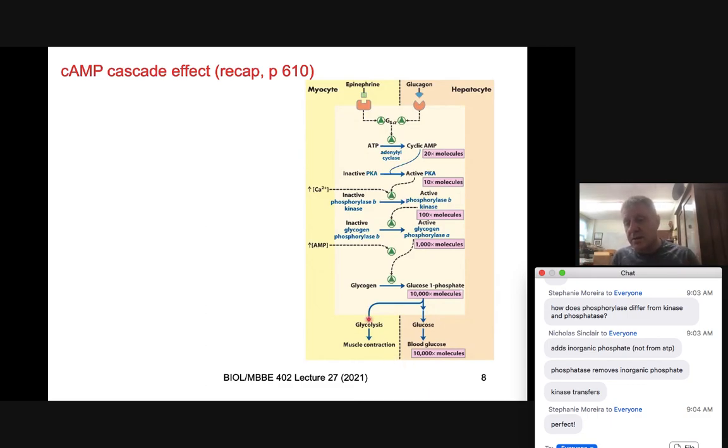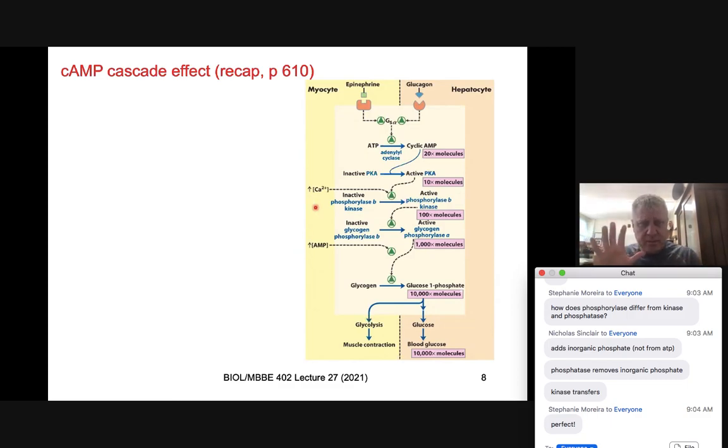In the heart cell, it's going to move that glucose 1-phosphate to glucose 6-phosphate, and then go through the glycolytic pathways to give you ATP, ultimately to provide muscle contraction. Because obviously you want to keep your heart going.